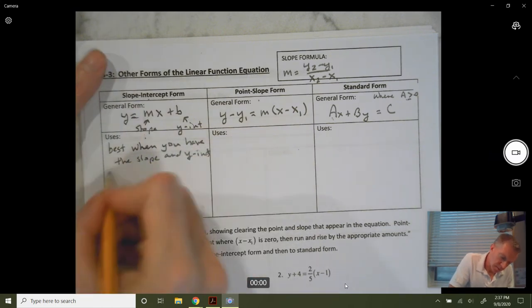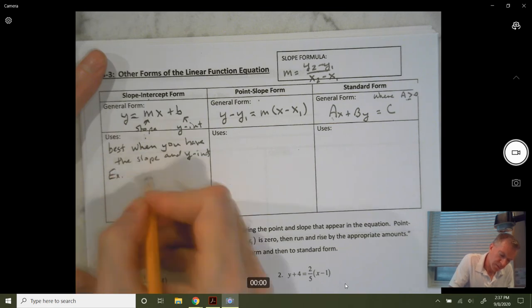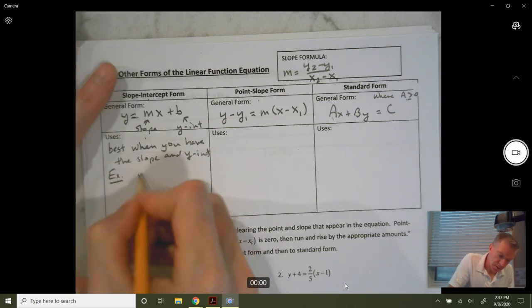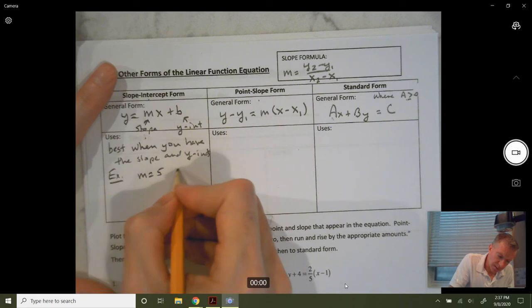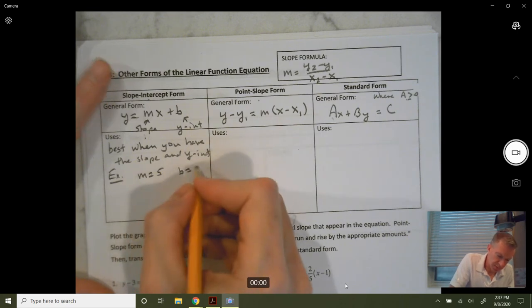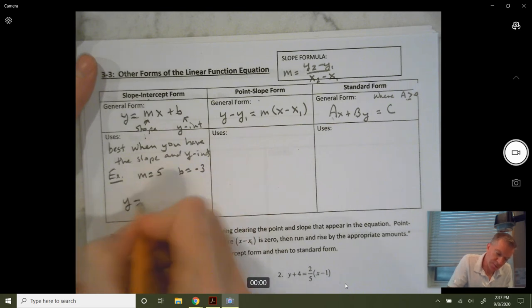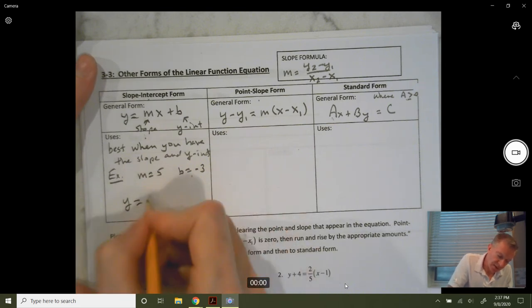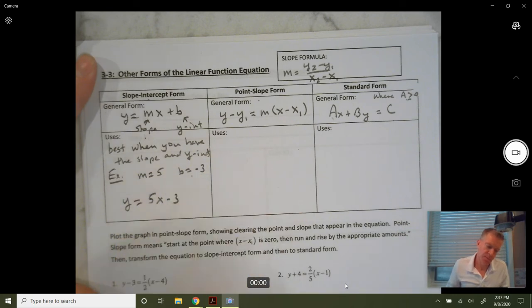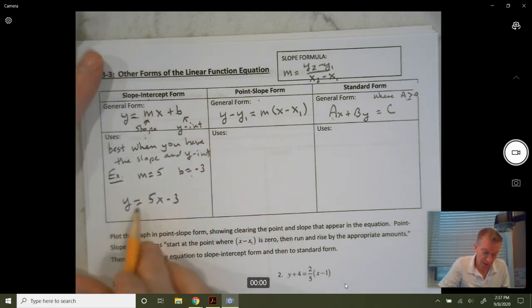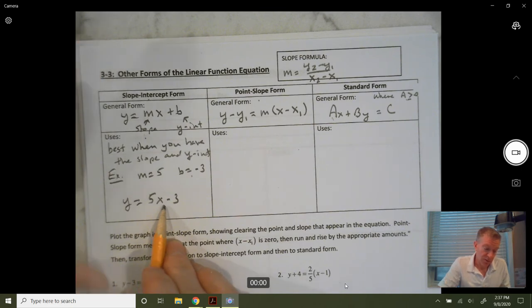For example, they might tell you find the equation of the line where the slope is 5 and the y-intercept is negative 3. Well, you just plop them right in. Y equals 5x minus 3. Okay. Or if you have the line, then it's just really easy to graph.